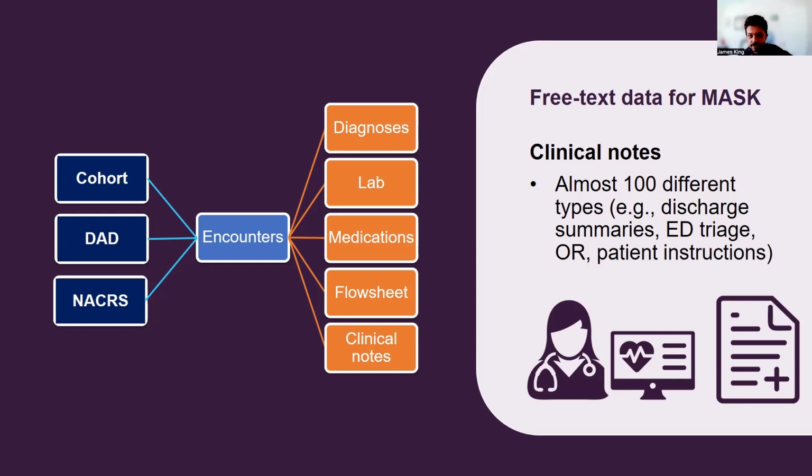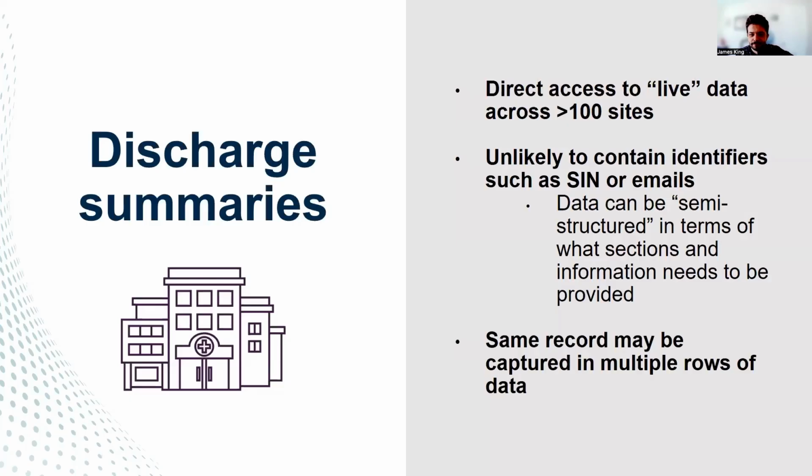There are almost 100 different types of this clinical note type data. Some of the most common ones would be the discharge summaries, but there are also things like patient instructions or operating room information, those kinds of things. But really what we're going to be looking at is the discharge summaries at this stage for the project.